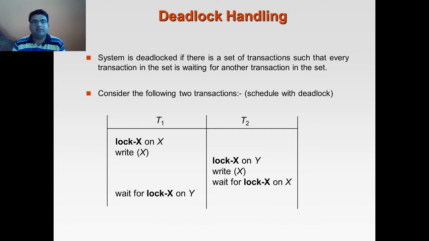Look at the scenario where initially T1 has been granted an exclusive lock, defined by lock X on X. T1 requested an exclusive lock on X from the lock manager, which granted it, and now it tries to update the value of X. It is assumed that if a transaction is granted locks, after updating or reading it should unlock them.